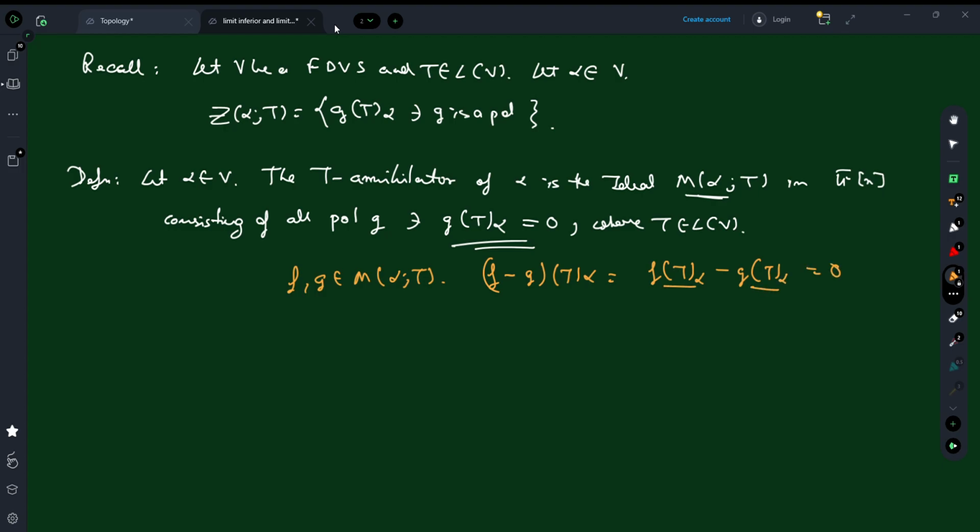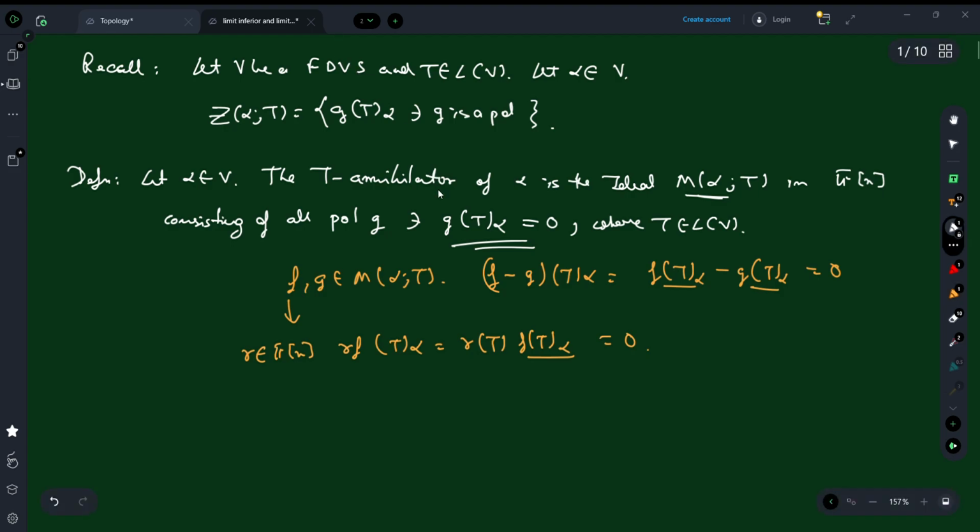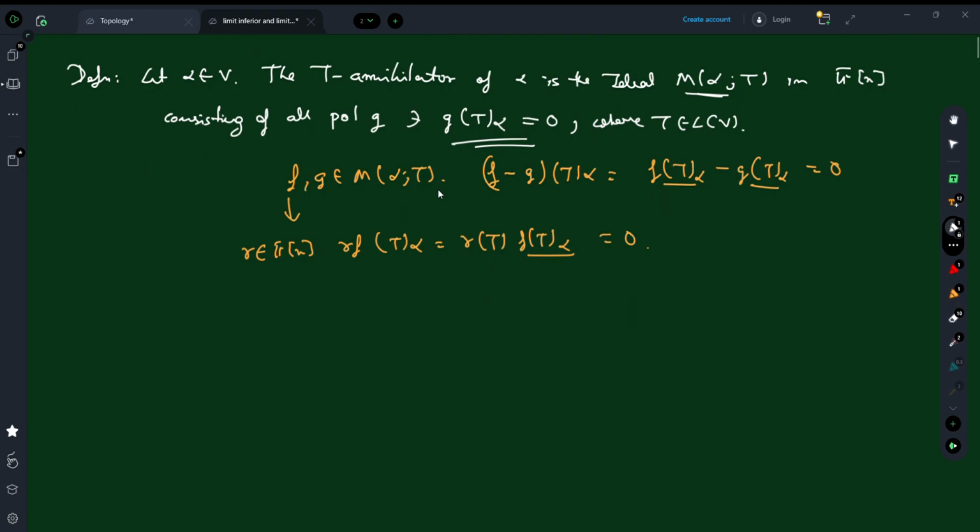Analogously, if you choose an element f like this and an element r from F[x], then (rf)(T)alpha is by definition r(T)f(T)alpha. But f(T)alpha is 0, so it still becomes 0. So M(alpha; T) is an ideal in F[x].